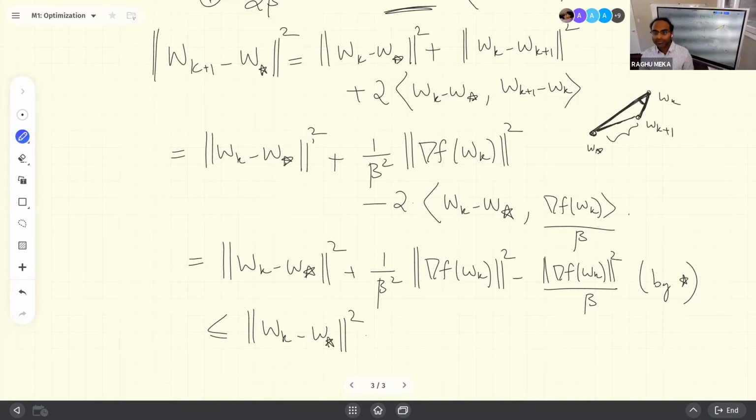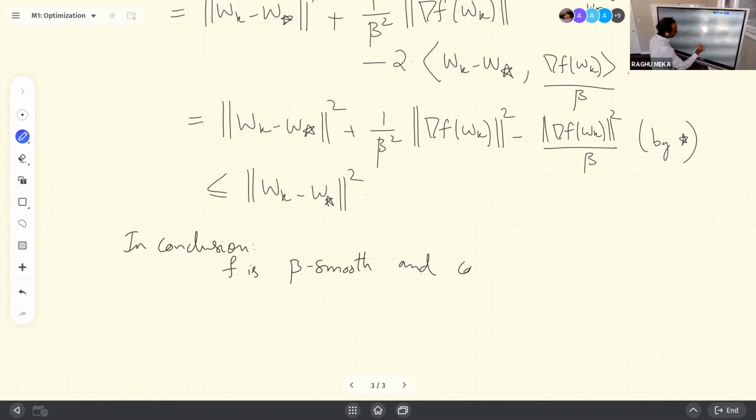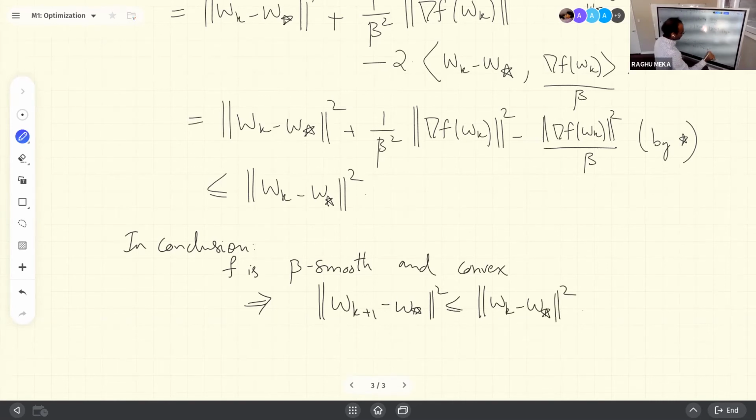So in conclusion, we just showed that the distance to optimum always decreases in the iterations of the algorithm.